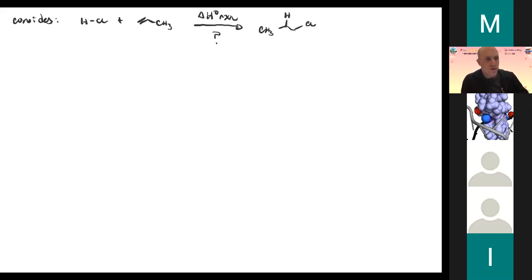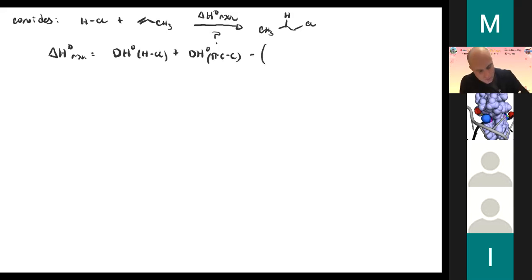If you do a delta H naught calculation, you have the dissociation energy of HCl plus the dissociation energy of pi CC, minus the dissociation energy of secondary CH plus the dissociation energy of primary CCl.